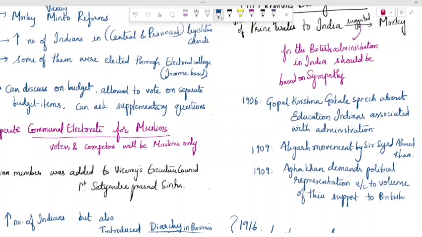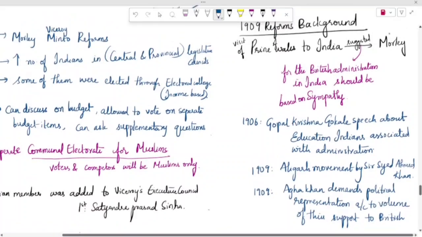He said it should be based on the volume of support the Muslims were giving to the British. But remember that not all Muslims did this, it was only some politicians, right? So then there will be one person called the Prince of Wales. Prince of Wales.